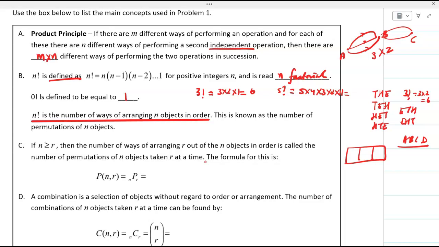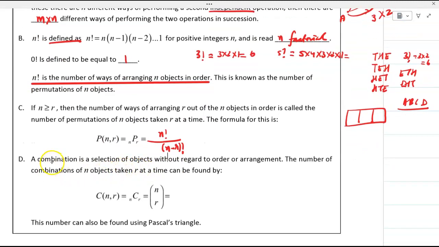The formula for permutation is n factorial divided by n minus r factorial. For combination, there is also r factorial: n factorial over r factorial into n minus r factorial. A combination is a selection of objects without regard to arrangement, the number of combinations of n objects taken r at a time.